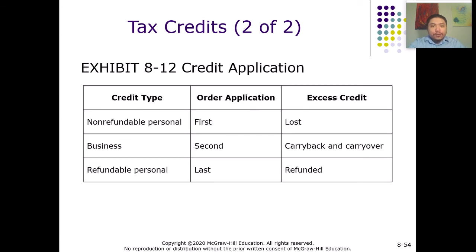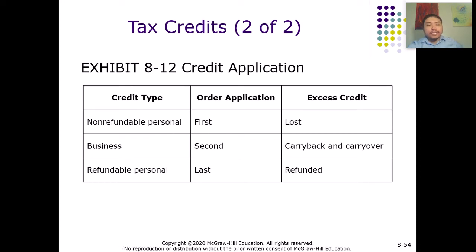All right. So how do we apply all this tax credit? What is the order that we can apply it? So here it's going to present to us the order in which we can apply all these tax credit programs. So if the taxpayer has multiple tax credit programs, let's say they are eligible for all the three types of tax credit program, then the taxpayer has to apply non-refundable personal tax credit first, right?